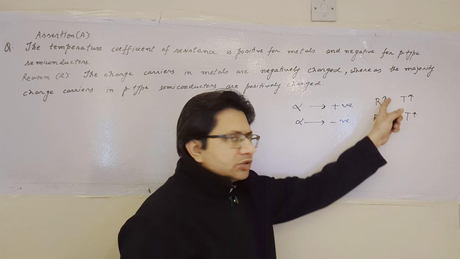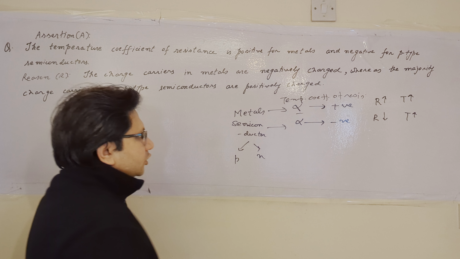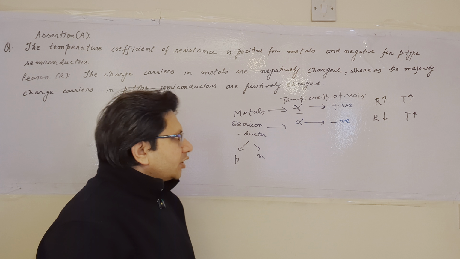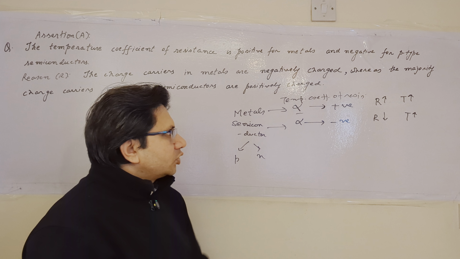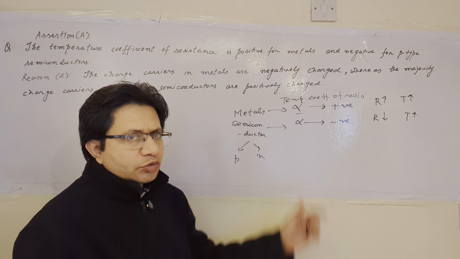So we know that for metals the temperature coefficient of resistance alpha is positive. And for semiconductors, whether the semiconductor is of p type or n type, alpha, the temperature coefficient of resistance, is negative.